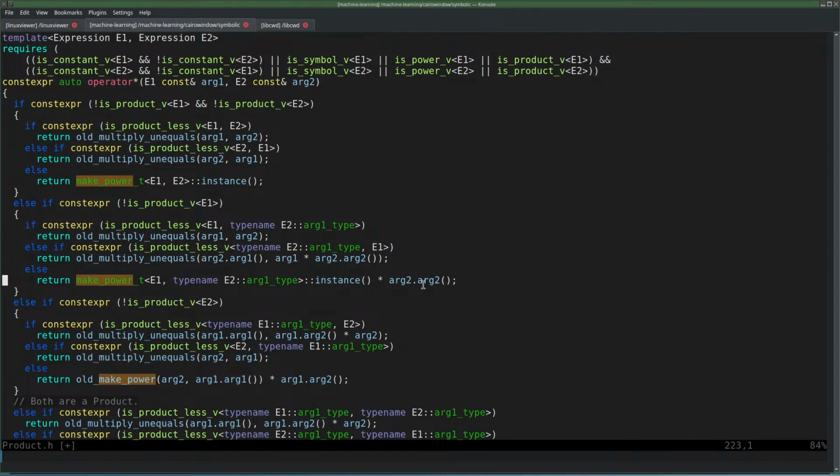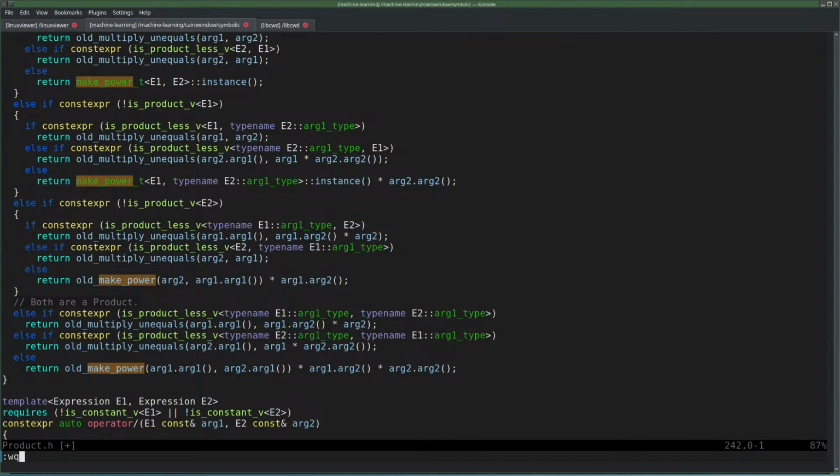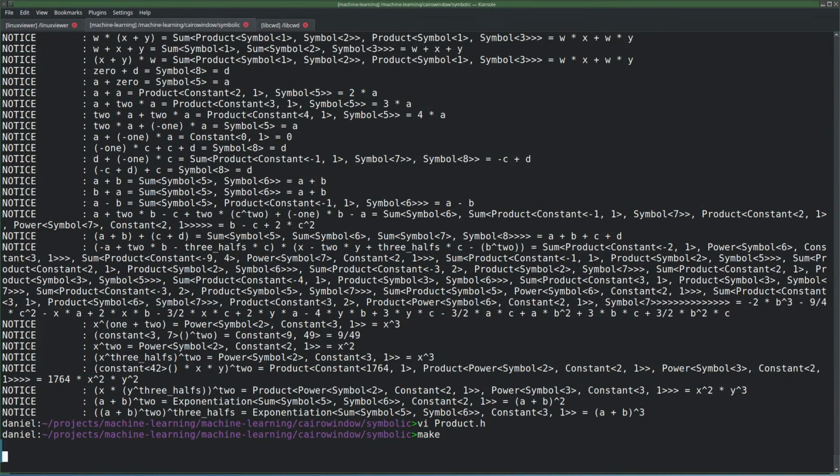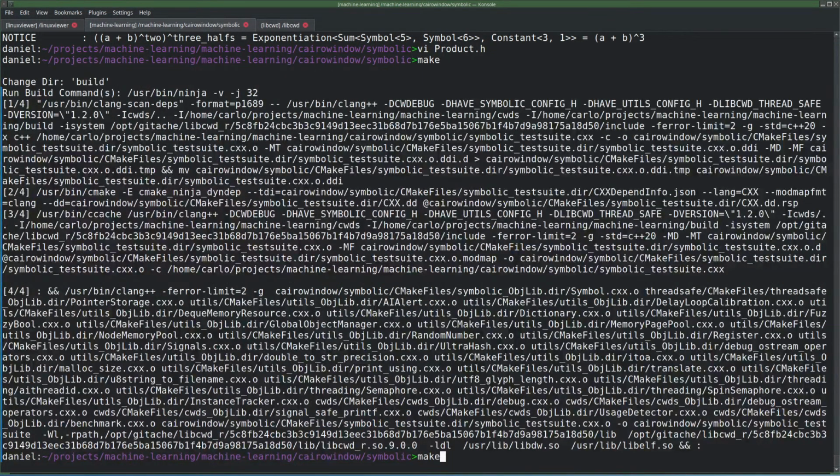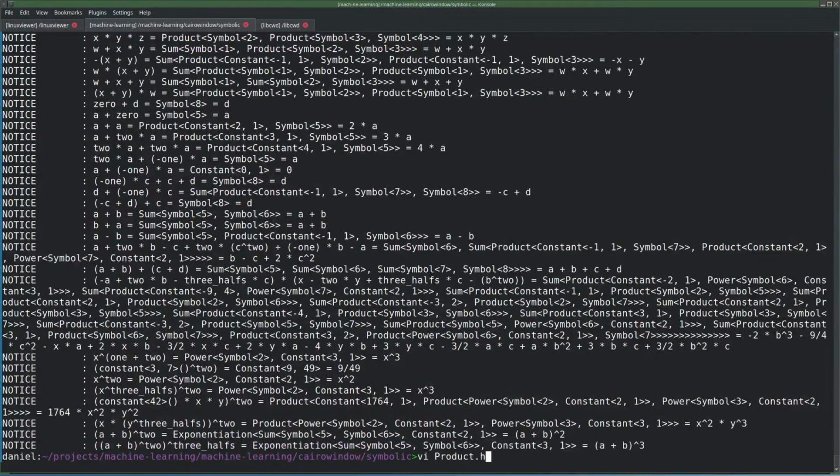But then I still need to call arg2, and I want to get rid of that. I also want to get rid of this. So we hardly made any progress. Hardly. Nevertheless, let's check it anyway like this. I'm making really small steps. So that still works.